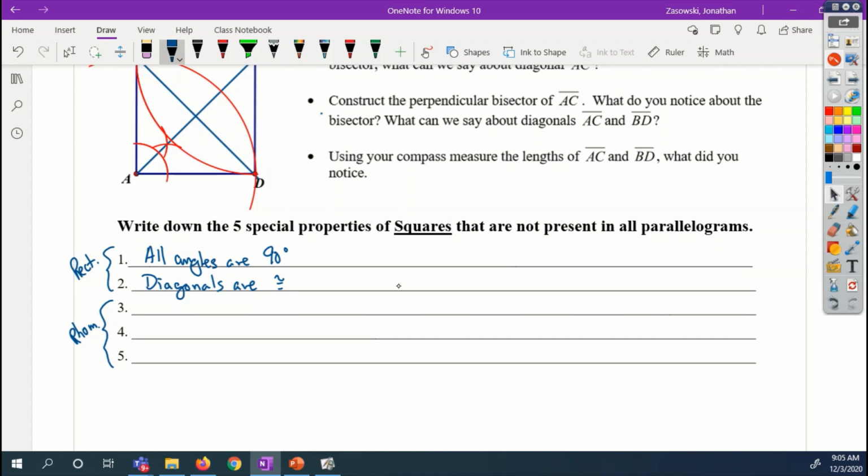The rhombus has all sides congruent, diagonals that are perpendicular, and diagonals that bisect the angles.